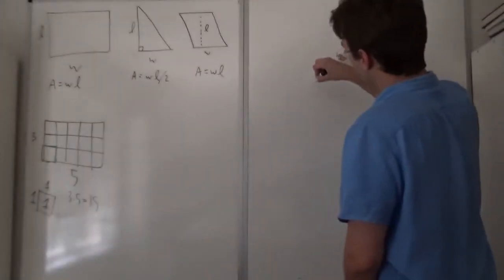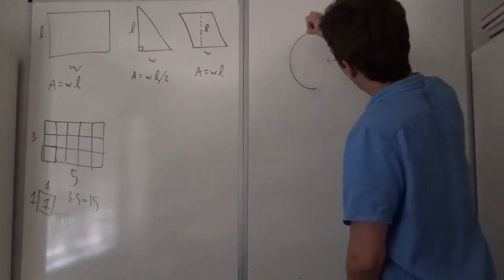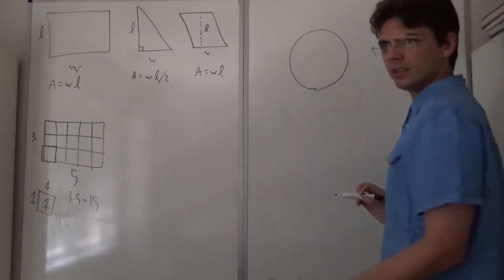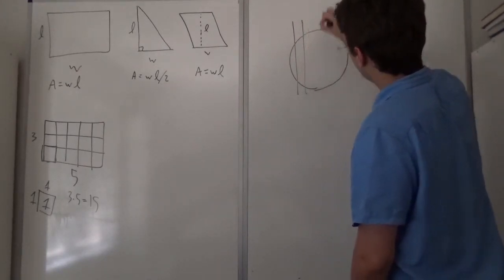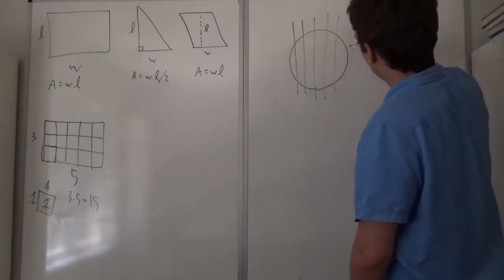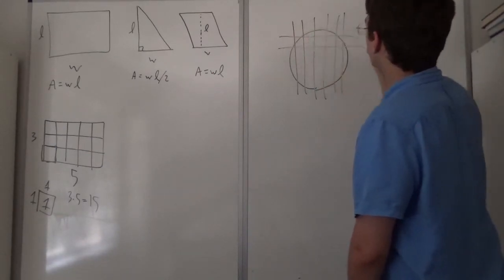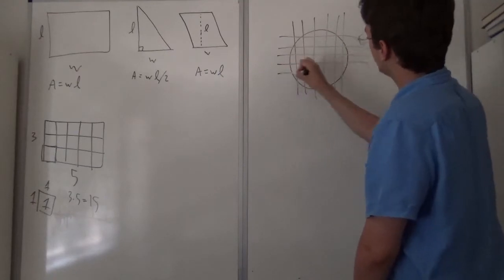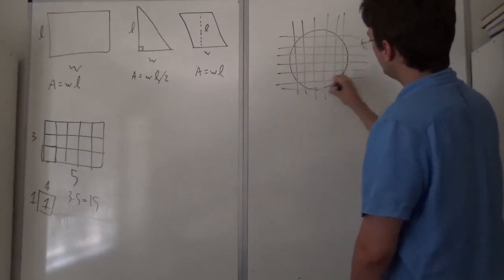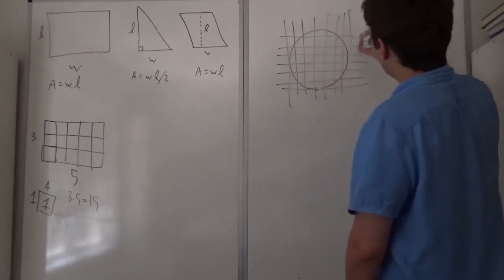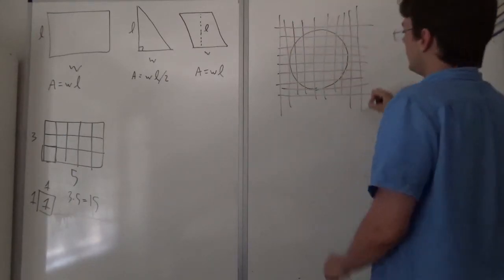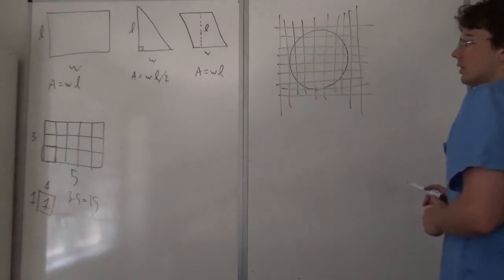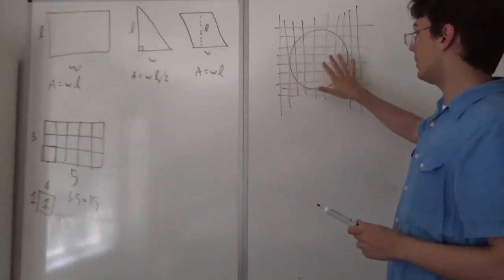Will this be useful in figuring out the circle, breaking it up into other little squares like that? Well, I can think of 2 ways of doing that. I sort of impose a grid onto here, like this. And then I try to say, let's count up all of the 1 by 1 squares that have some of this circle in there.